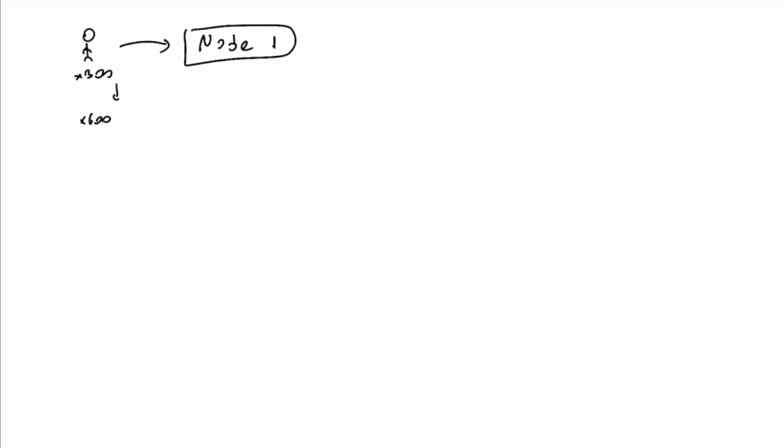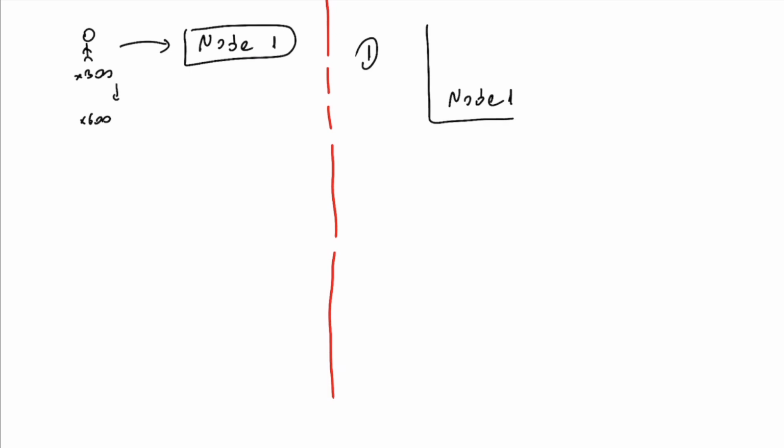So at this point, you need to scale your system. The initial hardware you have, maybe it's not good enough to serve this many users. And at this point, you have two options. So the first option is you still have node 1 here, but this time it's more powerful.